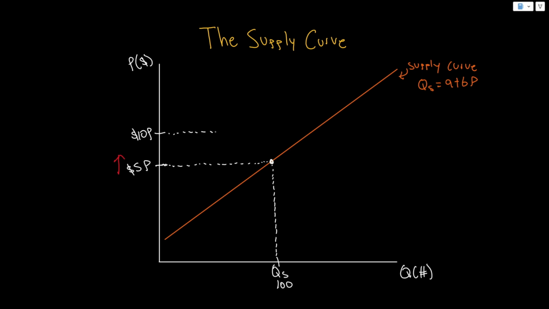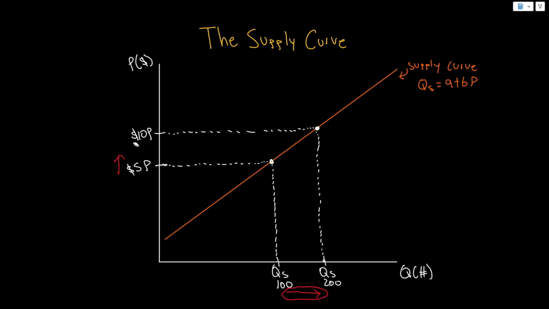Let's get this line and find where it meets the curve, this point right here, and then we'll go down. As we can see, our quantity supply will be more than 100, so let's say this will be 200. So you can see when our prices increase, our quantity supply will increase.